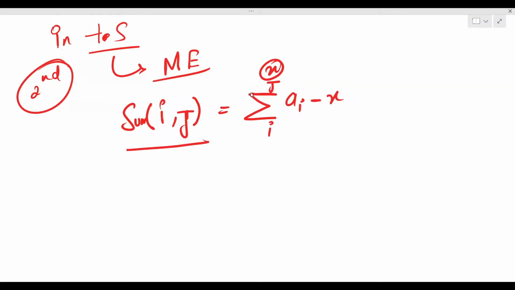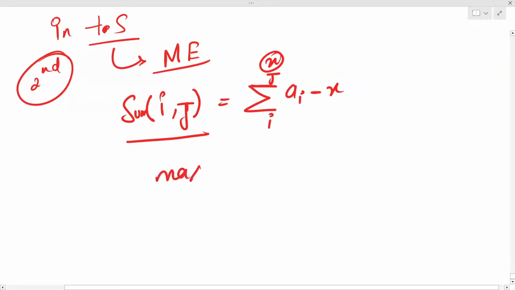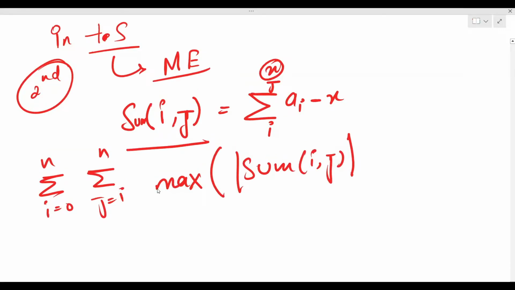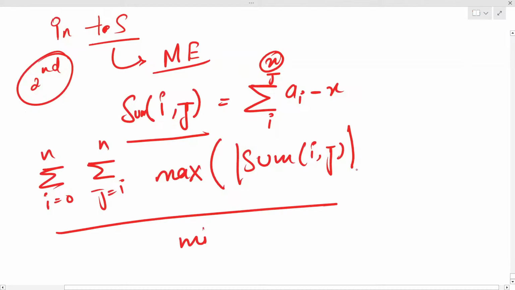I have to find the maximum value, where i will go from 0 to n, j will go from i to n, of the absolute value of sum ij. Is this thing clear? And finally, what I have to do is pick an x such that this value is minimized.